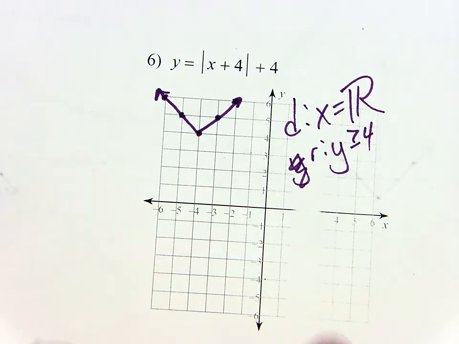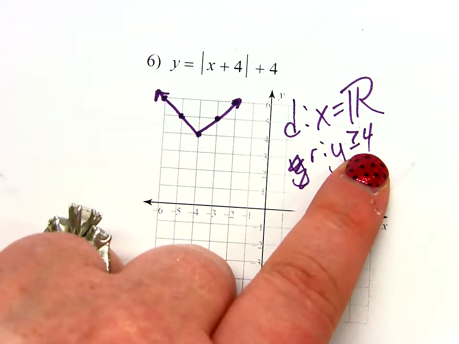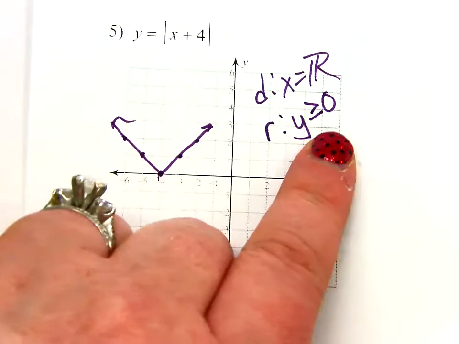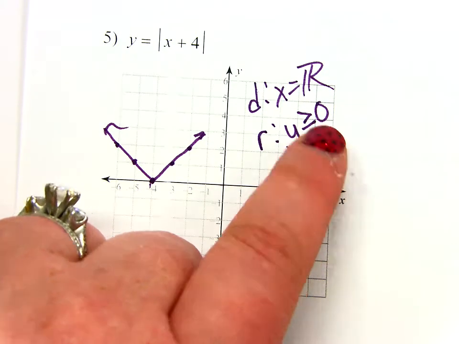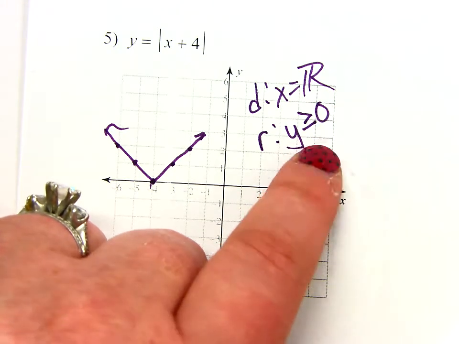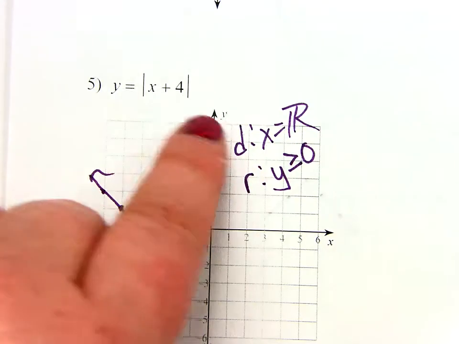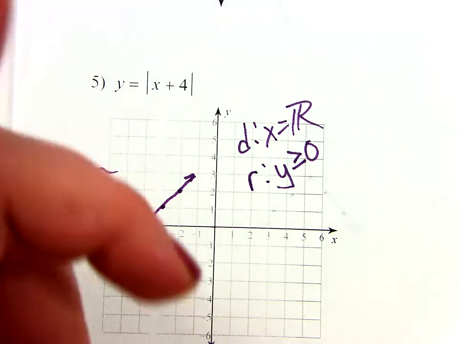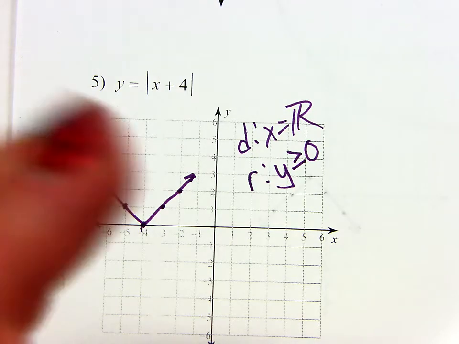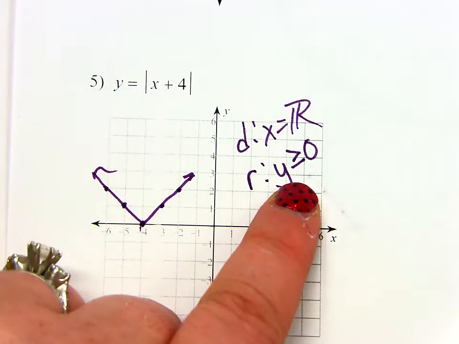Look at the 3 we did. This one has y is greater than or equal to -4. Yes, it's always the same as k. K is your number on the outside. It's going to be greater than or less than depending on which way your V is going. So if the V is up, it would be greater than.